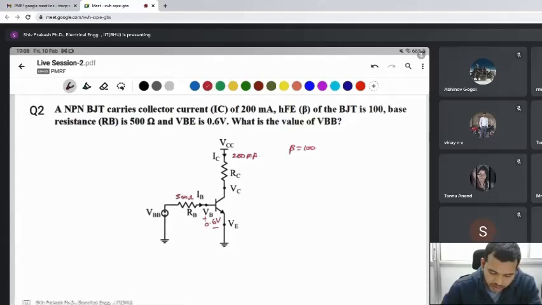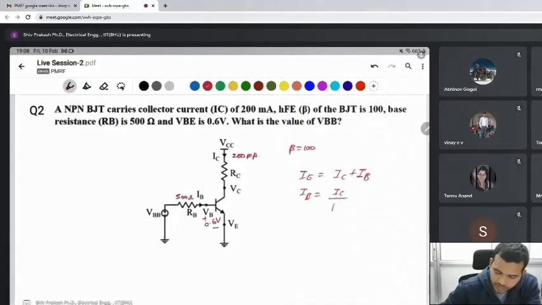In an NPN transistor, IE is equal to IC plus IB for the transistor, and you know that IB is equal to IC by beta.